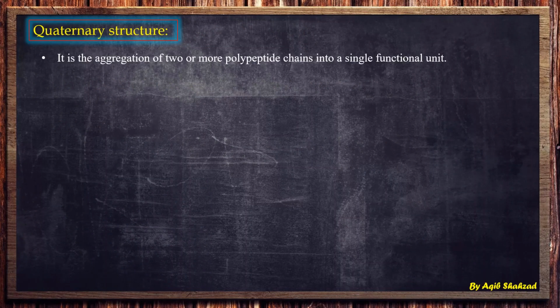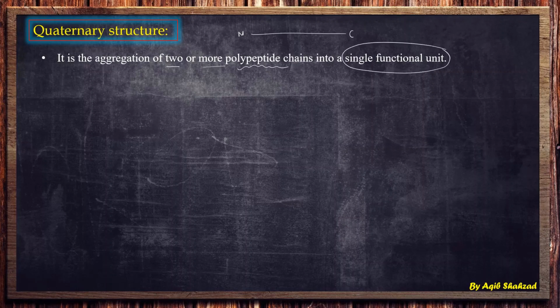Now, what about the quaternary structure? What is it? This quaternary structure is not just one polypeptide. As we have already seen, that is a single polypeptide, a single chain of amino acids. In a quaternary structure, we have two or more polypeptide chains of amino acids.